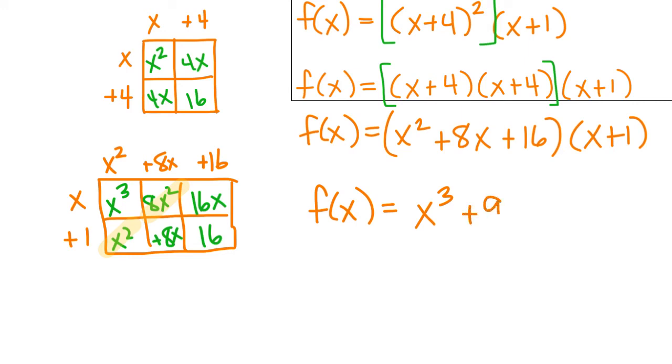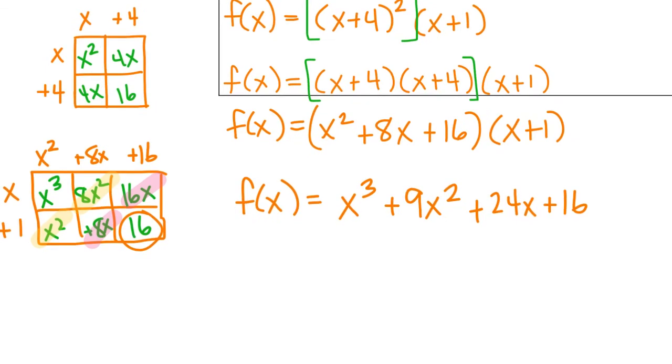So plus 9x squared. Then I have 2 terms that have x. 8 plus 16 gives me 24. So plus 24x. And then last, that's the only regular number, so plus 16.